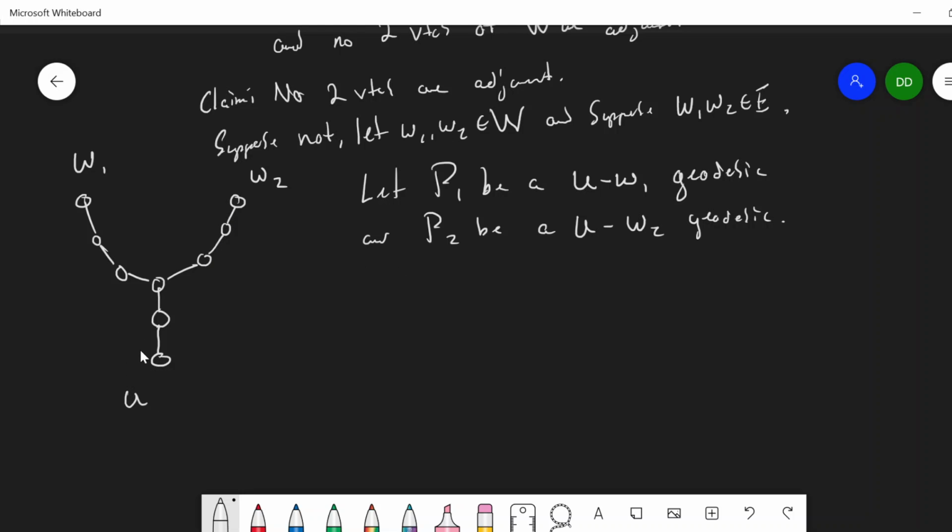Or it's possible that they don't start off the same, but then they come together, they share a vertex. But eventually, since the last vertices of the two geodesics are different, at some point there's some last vertex in P1 and P2 that's shared between both. So I'll say let Z be the last vertex that P1 and P2 have in common.